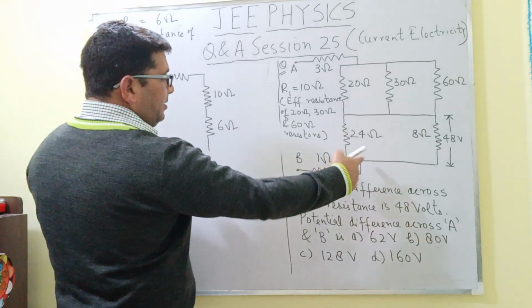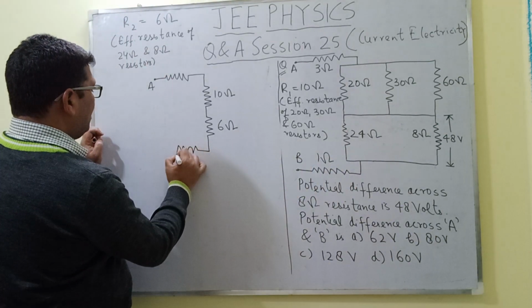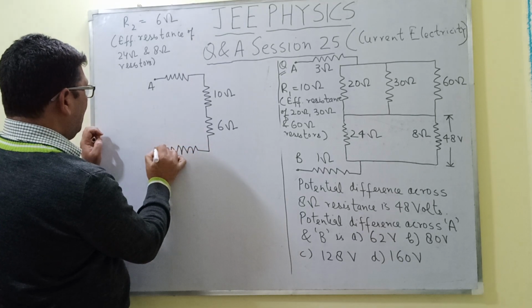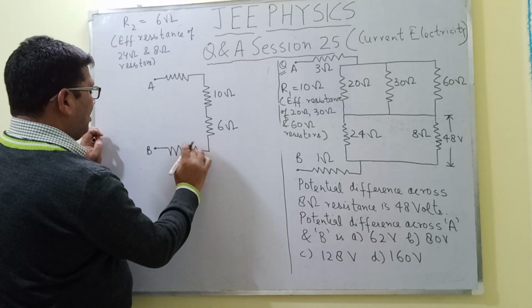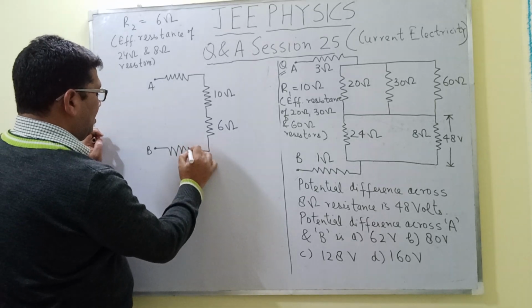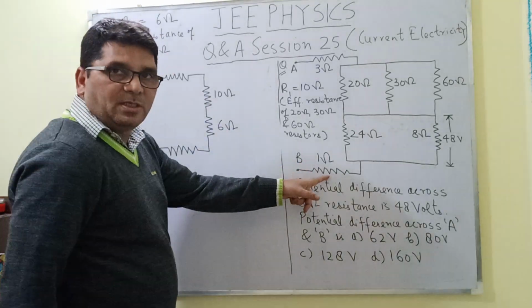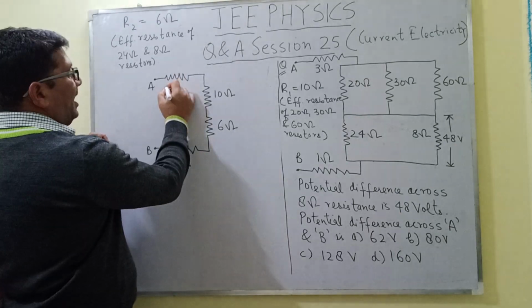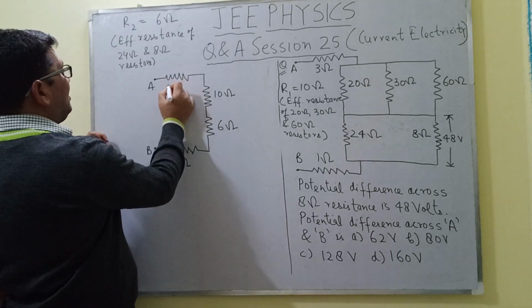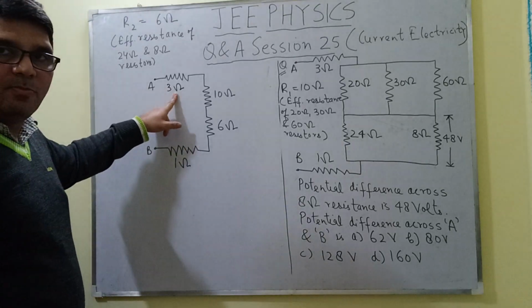Now there is one more resistor which is of 1 ohm, and there is another resistor here which is of 3 ohm.